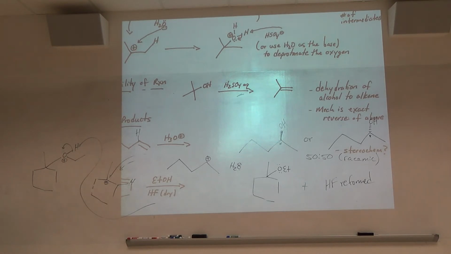Now, as usual, that right there will be used many times going forward, and you'll use that to predict other things. Any questions about how you attack a planar carbocation? Okay? Hopefully pretty straightforward.